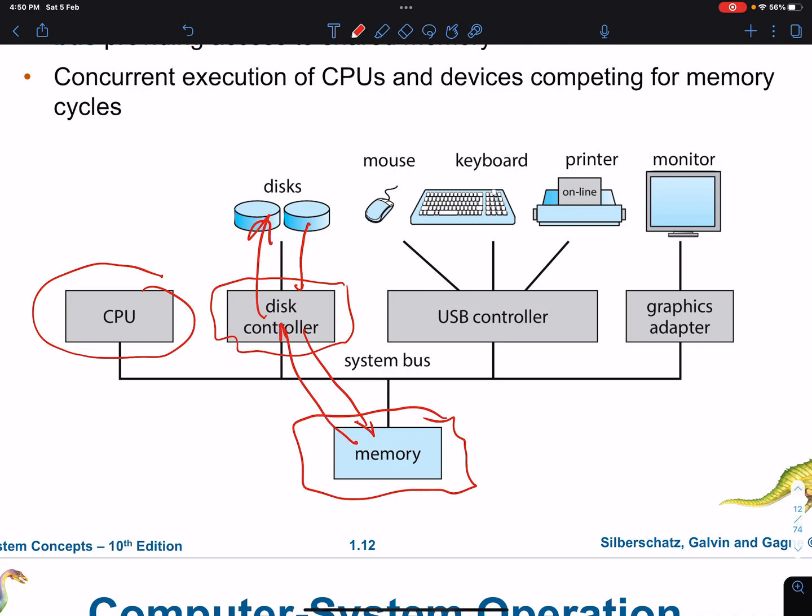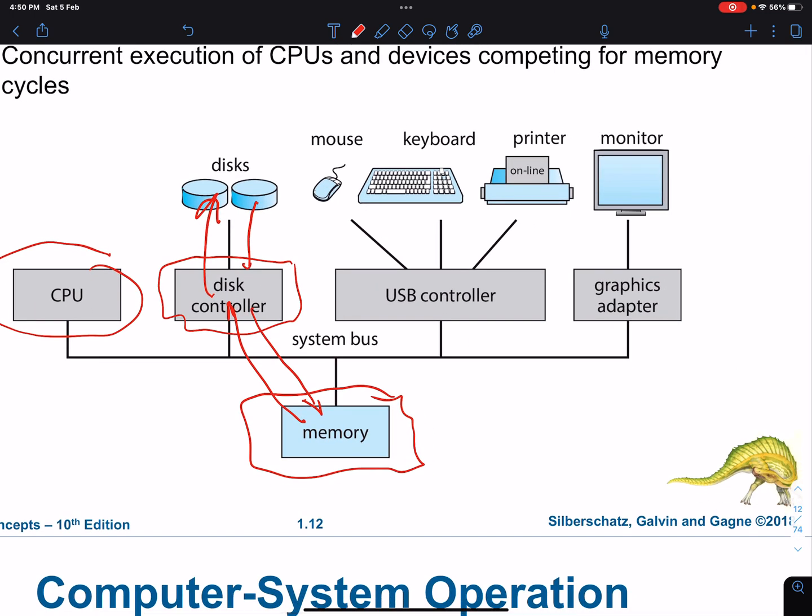If you want to save data, you get it from the memory, and the disk controller will write it to the disk. And you have USB controllers. Mouse, keyboard, and printers are all connected through the USB controller. Why does this use the memory as well? Well, when you write something on the keyboard, you need to see it on the monitor. How? The common space here is memory.